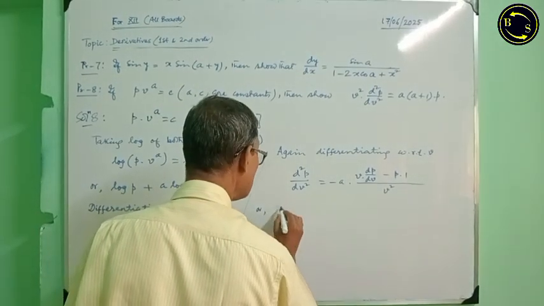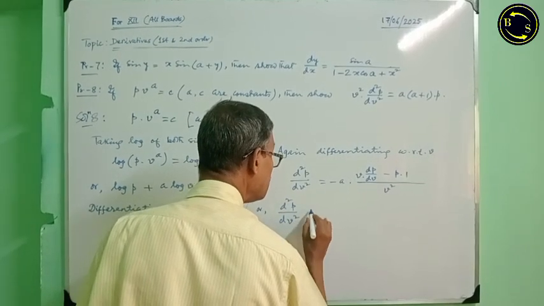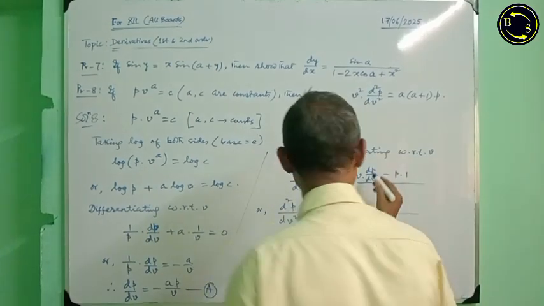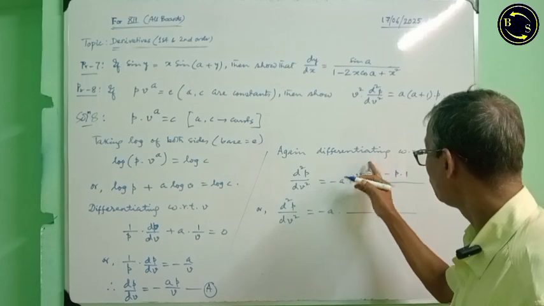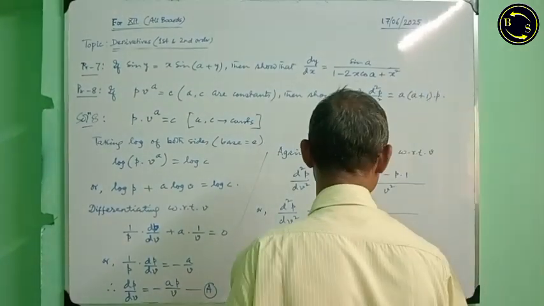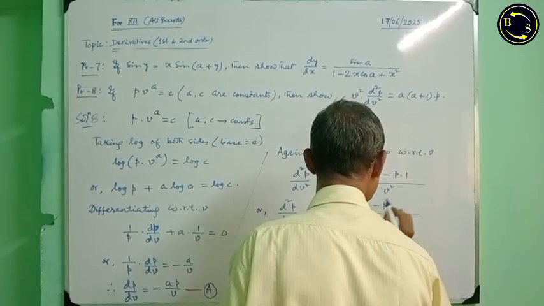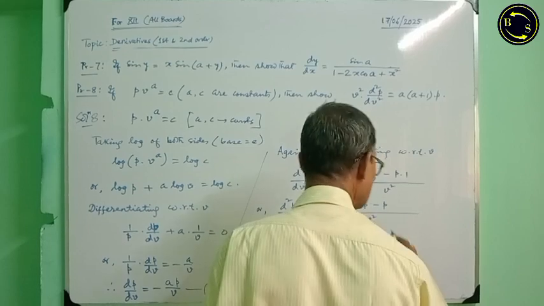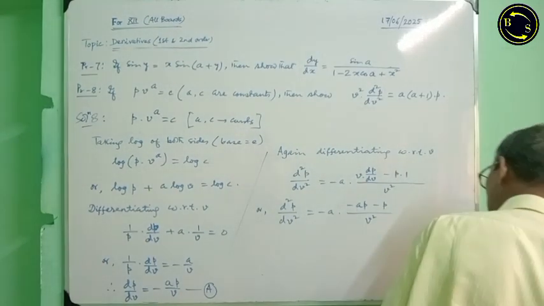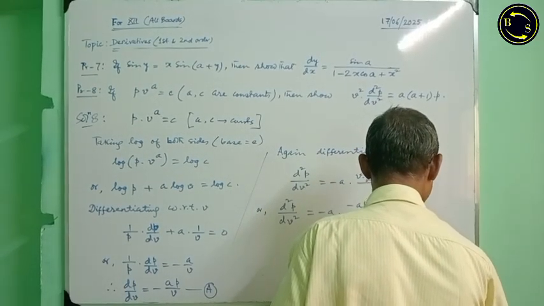Or d2p/dv2 is equal to minus a into v dp/dv, from here we are getting value minus ap, minus p by v square. Here I mention, using from 1a.